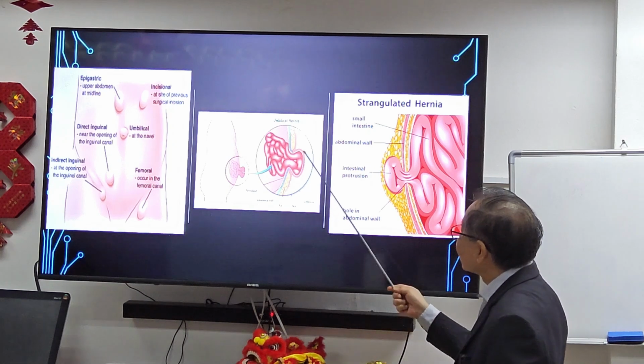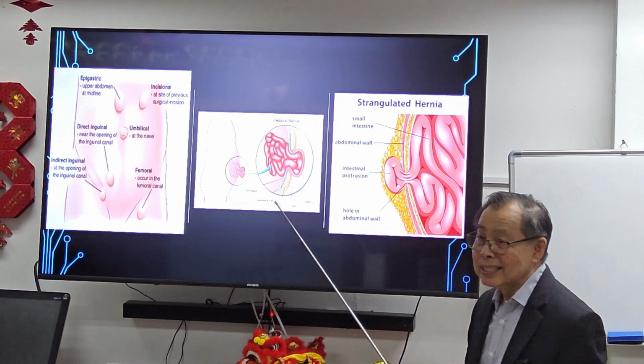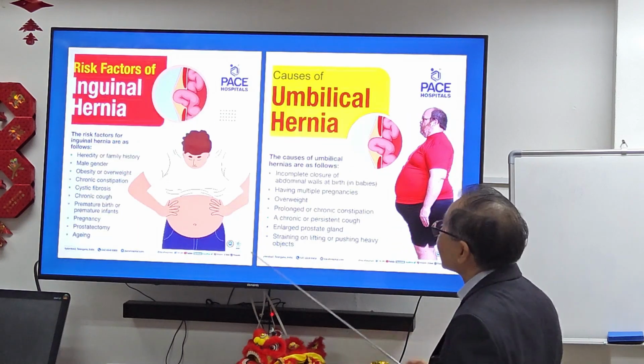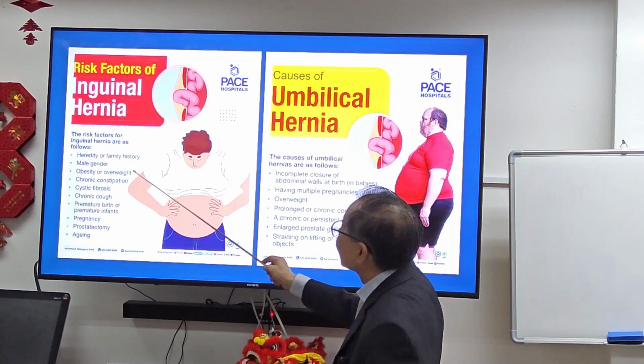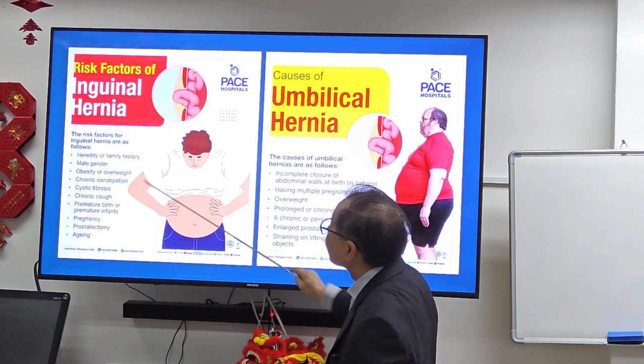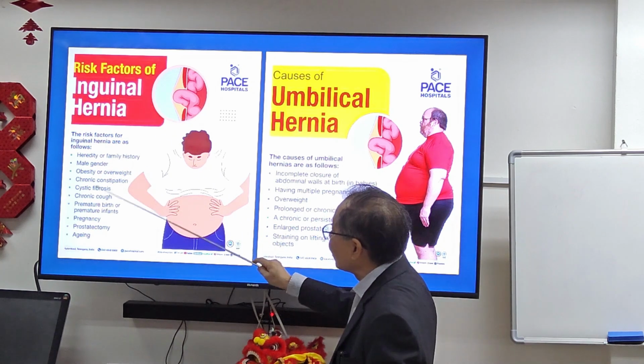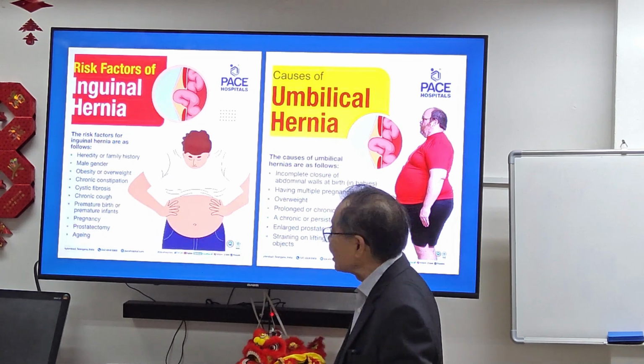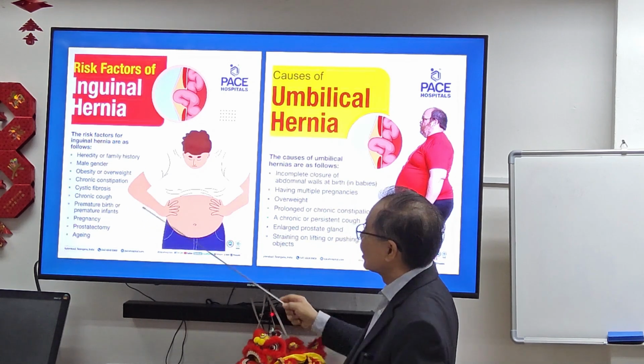So you can see that it can be quite bad, isn't it? So what are the complications? Okay, some of the causes. Inguinal hernia: male, overweight, constipation. When they're constipated, every time they go to the toilet, they strain themselves.